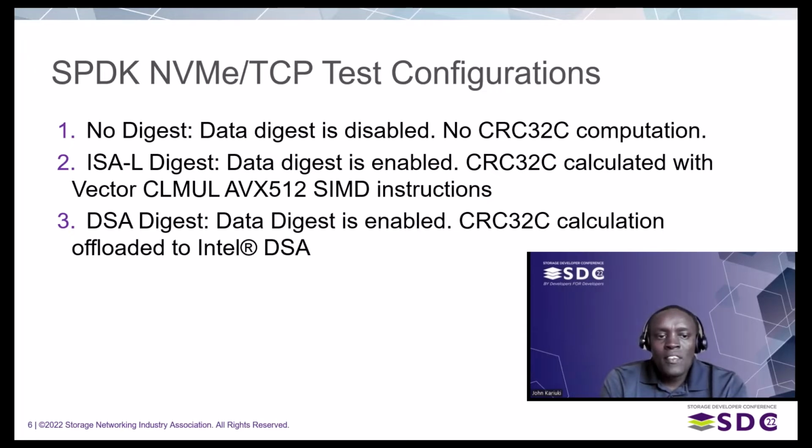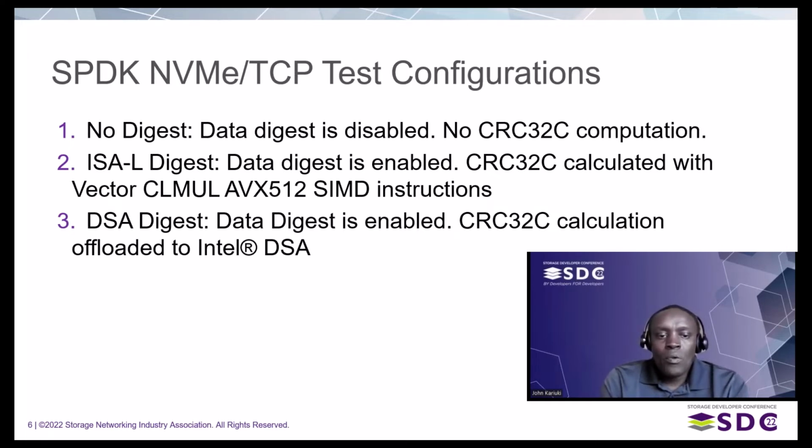What using ISA-L does is it provides a software optimized implementation of the CRC32C algorithm that can be used in systems that don't have DSA. And what this means is that the target application would work, right? It would provide data protection both in environments that have the DSA hardware accelerator and those that don't have the DSA hardware accelerator.